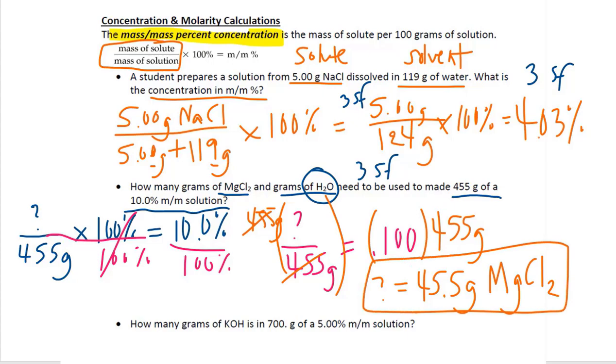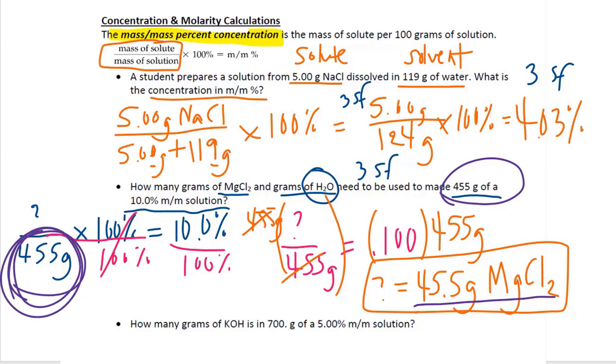Great. But now we need to figure out, well, how much water was used? I know, and I found that numerator, this 45.5 grams of magnesium chloride. And remember, it told us that this is how much of the whole solution it made, 455. So now all I need to do is subtract the two, because we know that both combined equals 455.